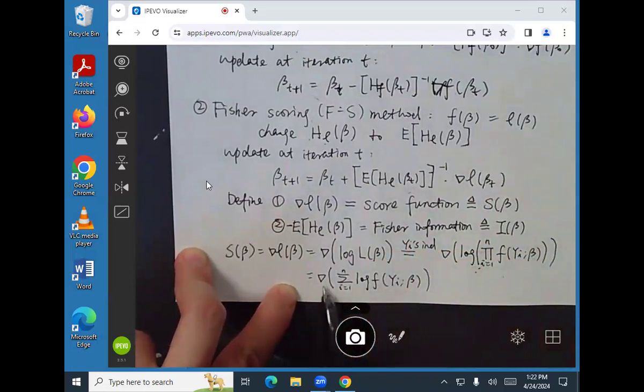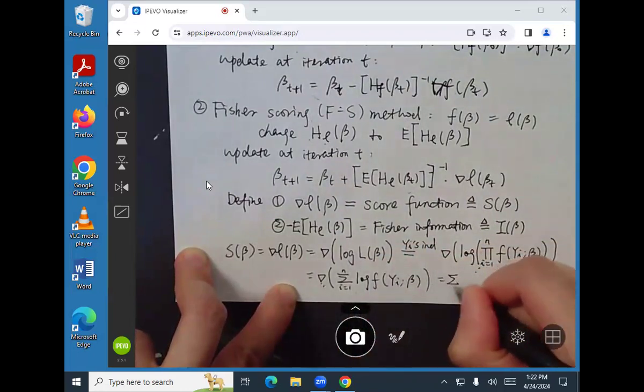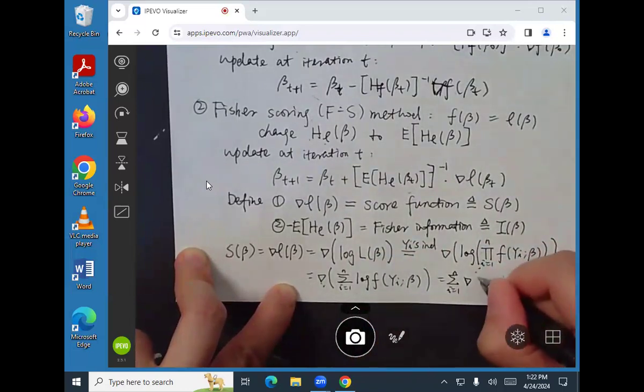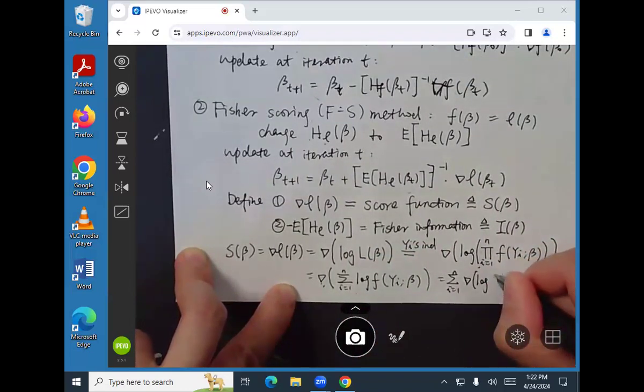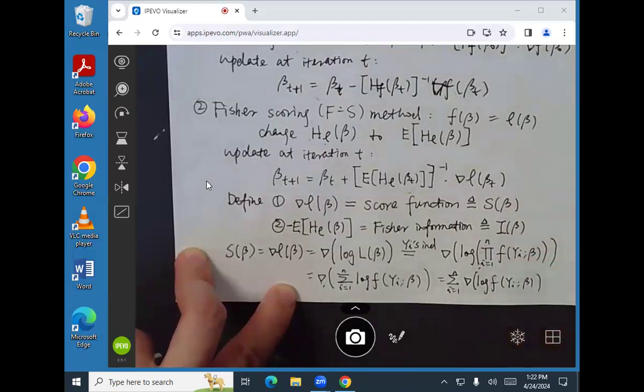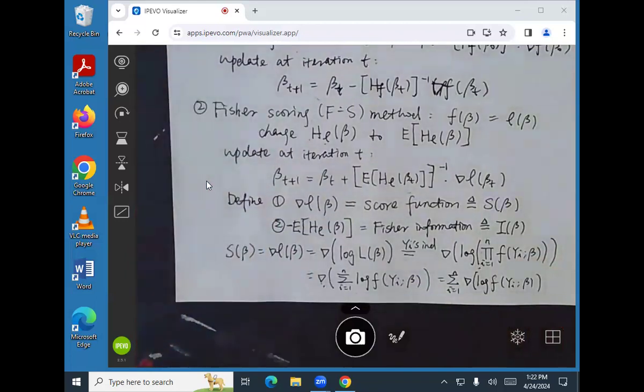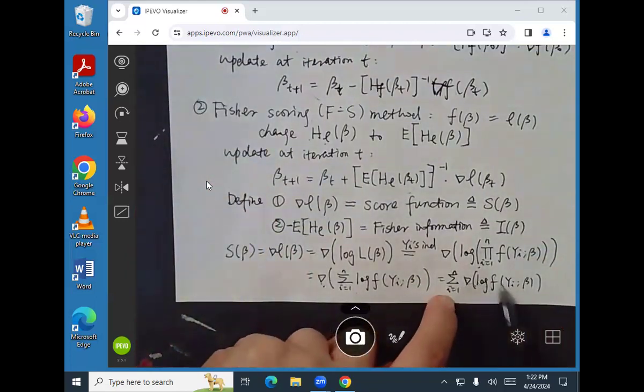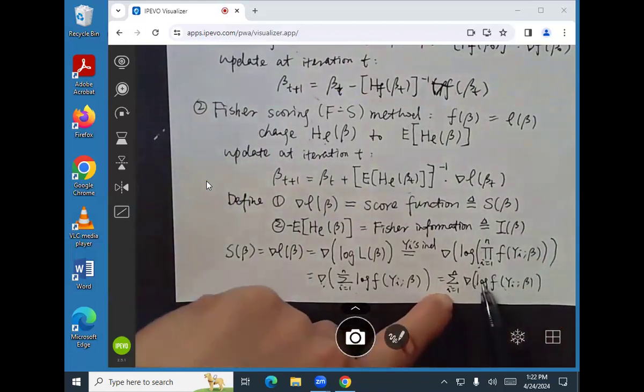No. Then we move the differentiation inside the summation. So we get the summation i from 1 to n of the derivative of log f of yi given beta. Now we'll use the chain rule in calculus. When we take the derivative of the log of a function, we take the first derivative of log, right? It becomes the inverse.